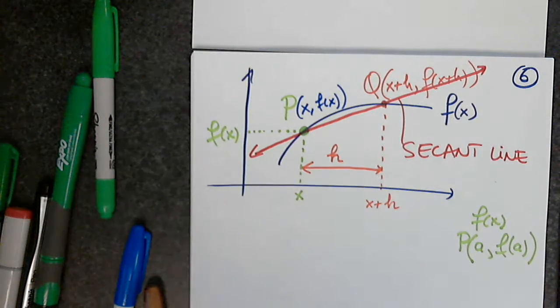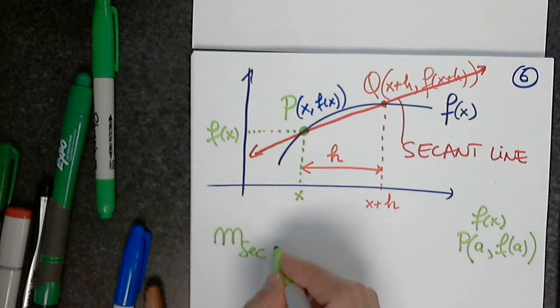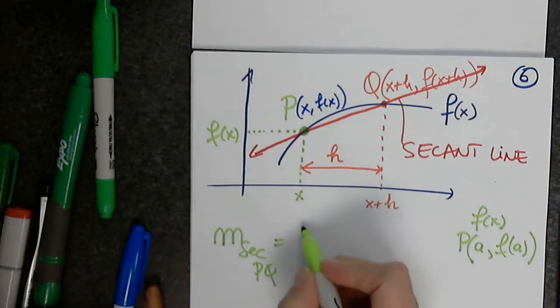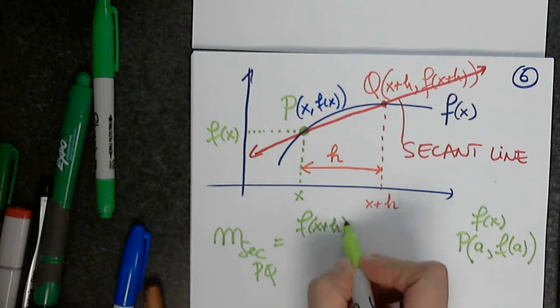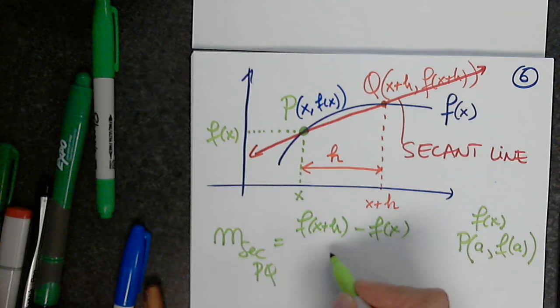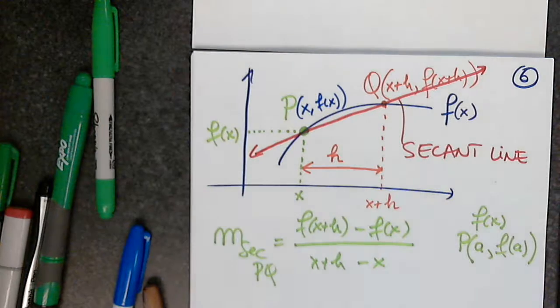So tell me what to write for the slope of the secant line PQ. F of x plus h minus f of x, over x plus h minus x. Excellent.